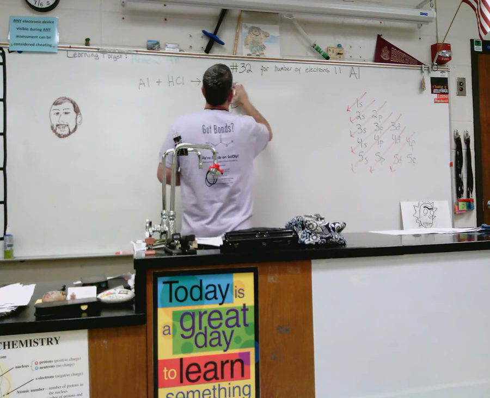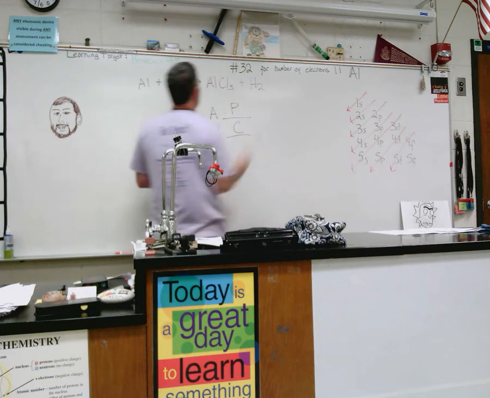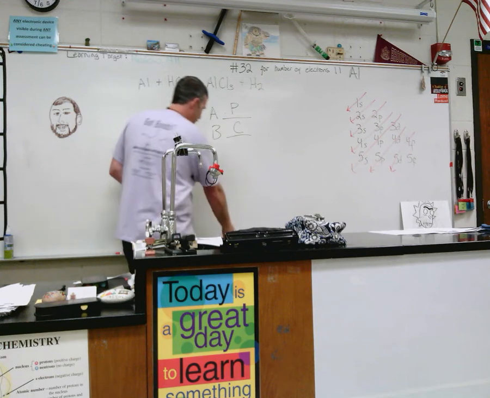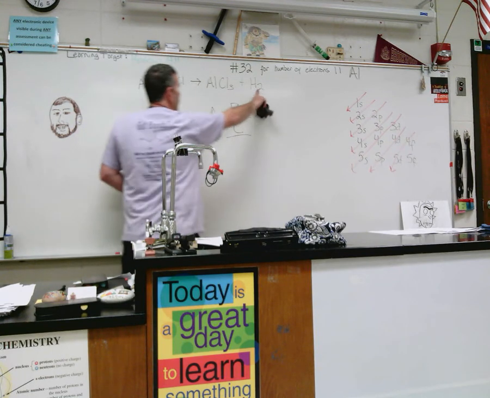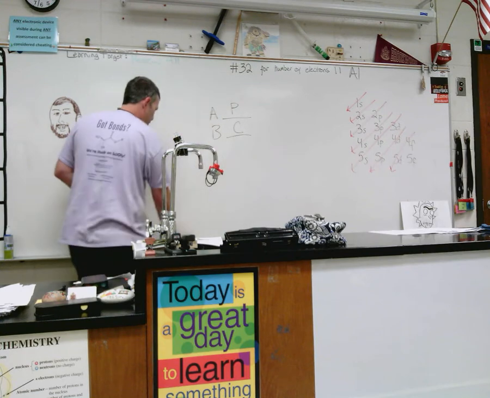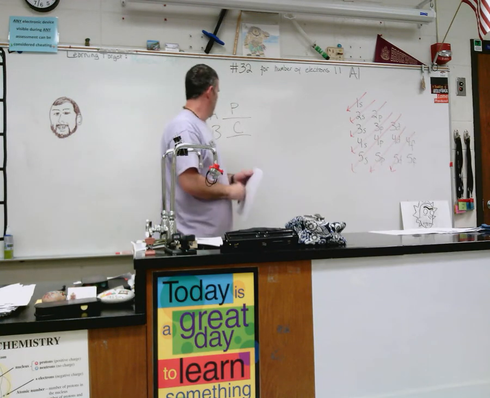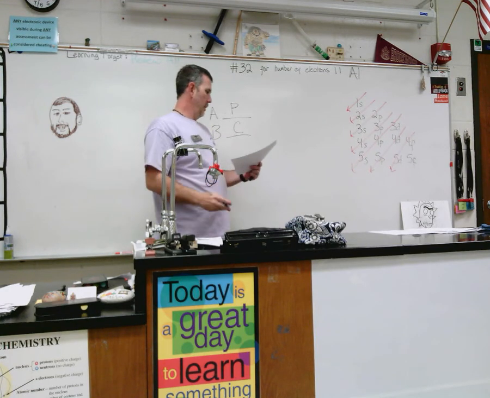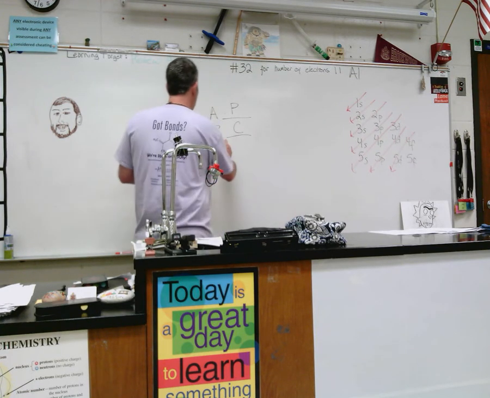What am I doing? Plus H2. There we go. I'm not balancing it, not right yet anyway, but that H2 gas is the gas that's given off. You absolutely have to destroy that compound, so that is chemical.